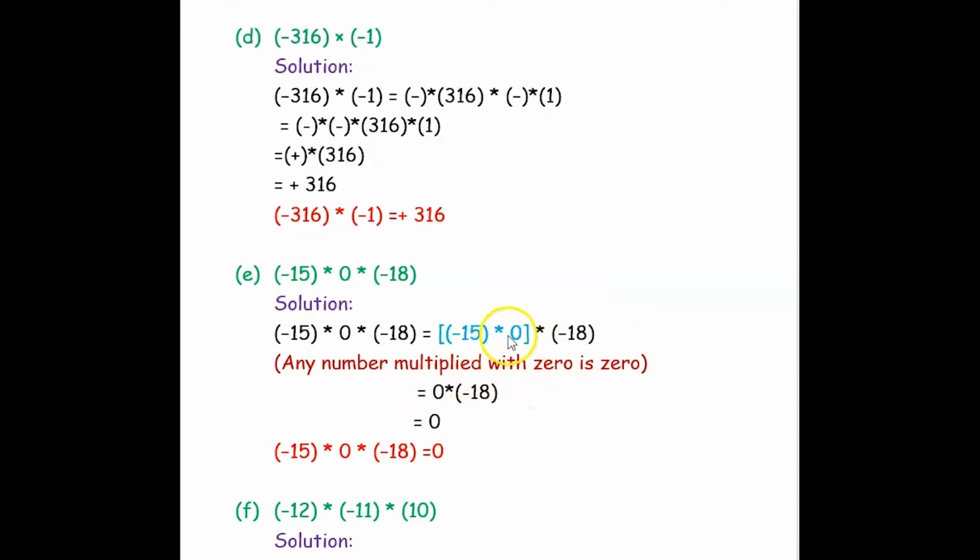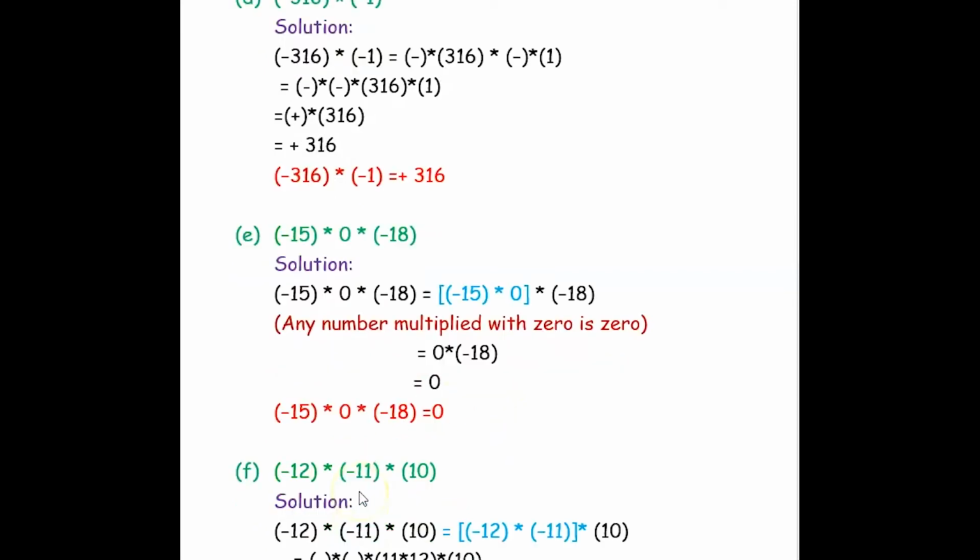So, negative 15 into 0 is 0 multiplied with negative 18. So, again 0 into negative 18, we are multiplying any number with 0, our answer will be 0. So, our answer is 0. So, whether we multiply at the back or at the front, anyway, if we multiply 0 with any number, our answer should be 0. So, here we have associated 0 in the first part.